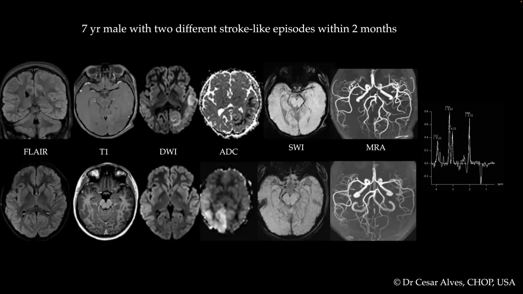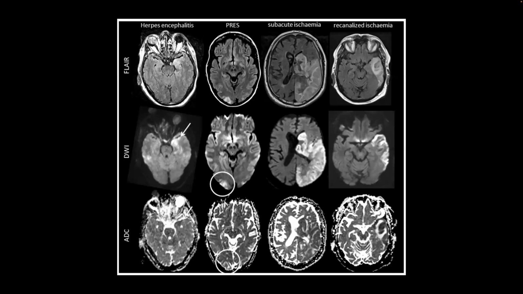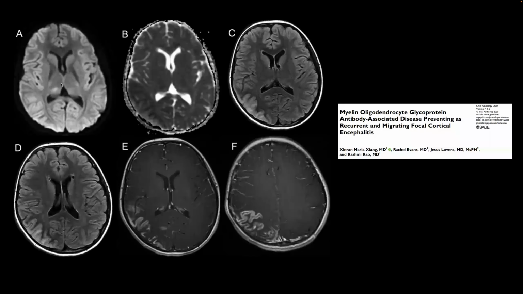Again, herpes less likely, there's no infective changes. PRES, again, as we know, the diffusion is usually facilitated rather than cytotoxic. Ischemic changes are less commonly seen in this patient. Thought of another possibility of MOG antibody given involvement of the thalamus and also the particular regions to be considered.